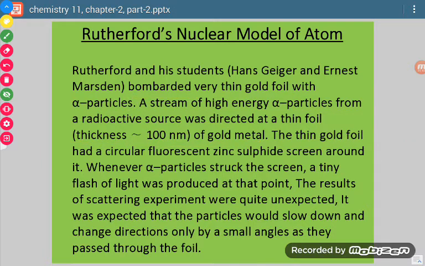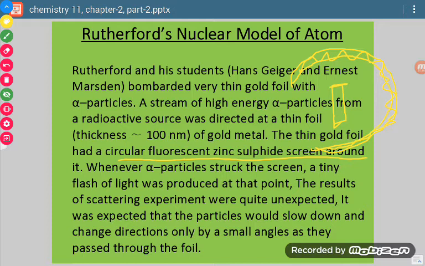The thin gold foil was surrounded by a circular fluorescent zinc sulfide screen. Suppose here is the gold foil, then it was surrounded by a circular screen coated with zinc sulfide. We have discussed the purpose of zinc sulfide in the last session also.